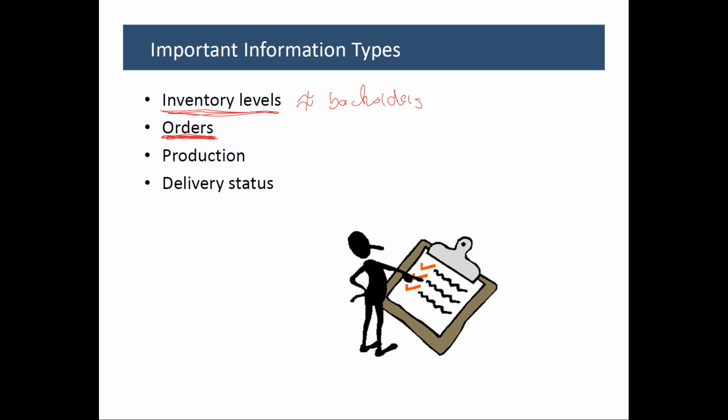And also from the point of view of the manufacturer who produces the products that will then be sold throughout the supply chain, the production state information is also very important. And last but not least, also the delivery state of the items that are being shipped or are on the way to be shipped.